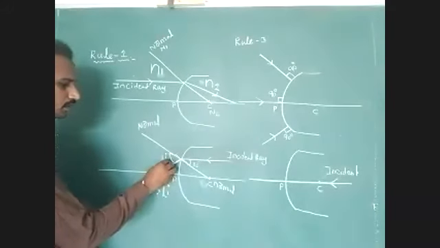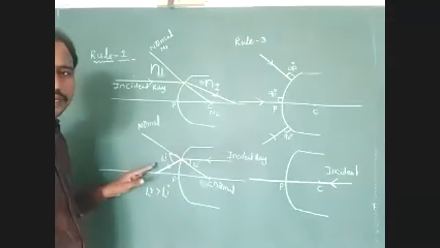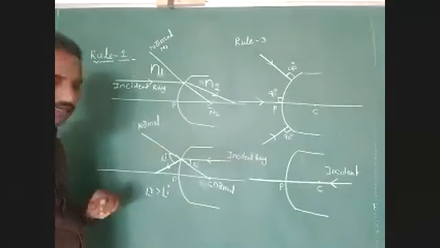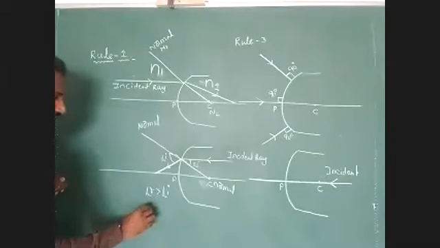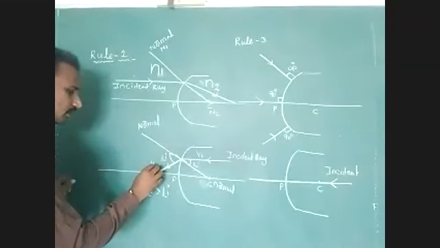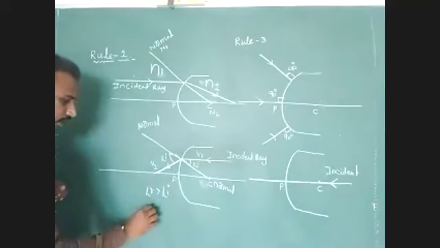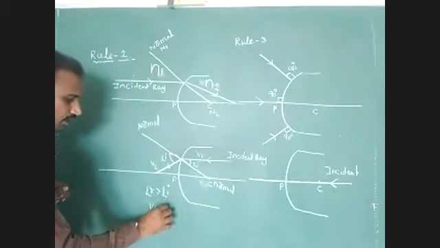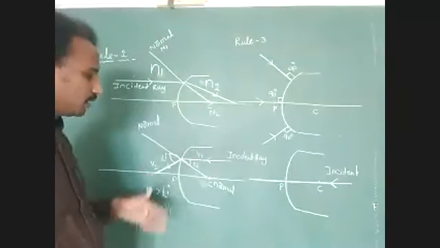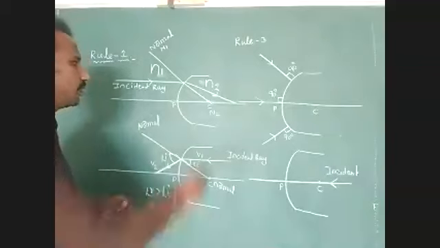Here, the velocity of light in the rarer optical medium is more than the velocity of light in the denser optical medium. So we consider the velocity of light in the rarer medium as V1 and in the denser optical medium as V2. Here V2 is greater than V1. We also compare the angle of incidence and the angle of refraction.